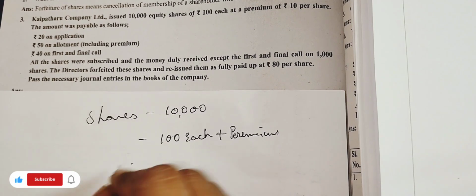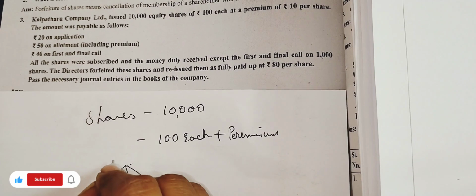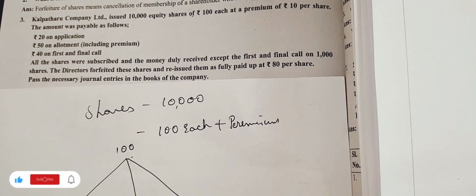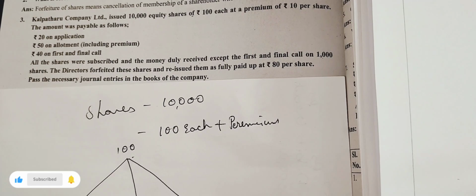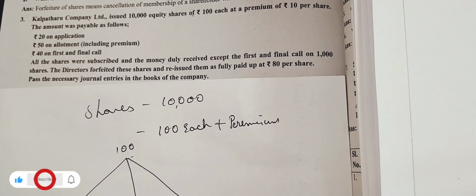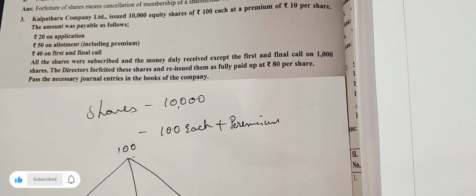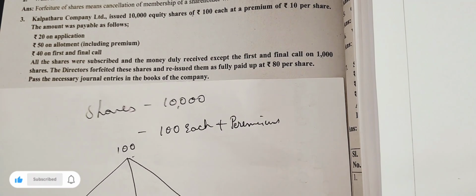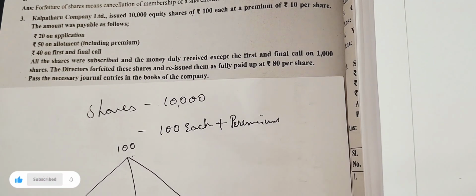Now, how have they divided this? The application money: 20 on application, rupees 50 at the time of allotment, and rupees 40 on first and final call.